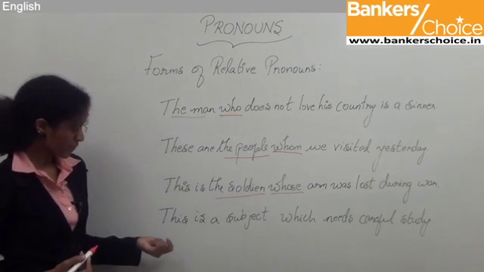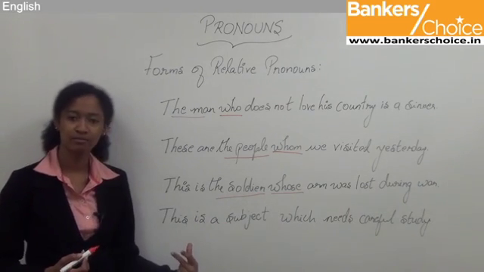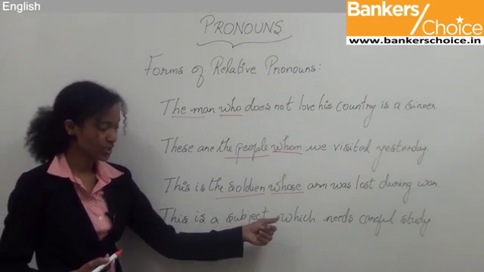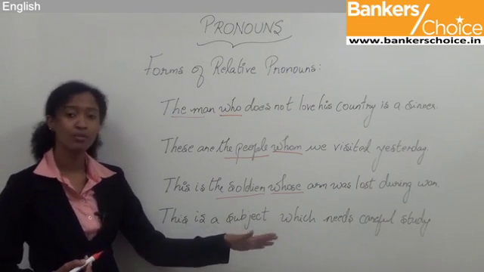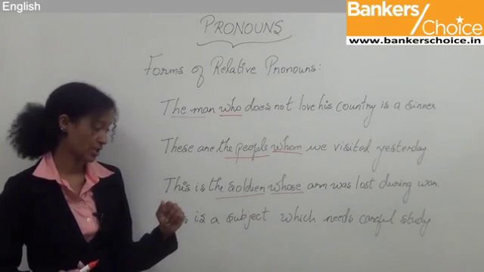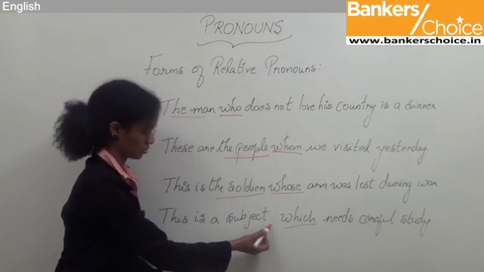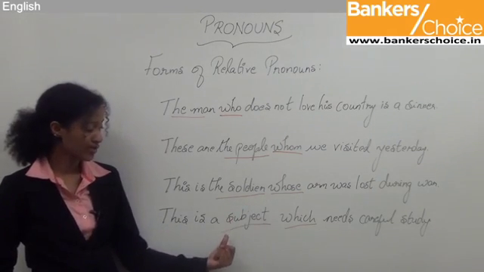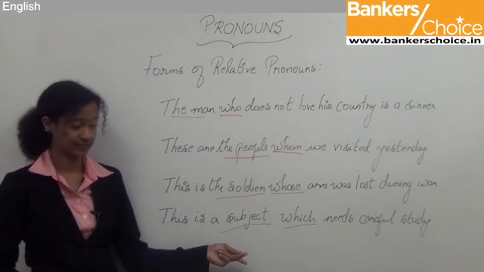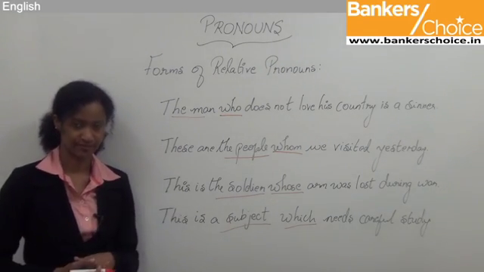Next: this is a subject which needs careful study. Here which is a pronoun used for non-living things, both in the subject as well as the object case. Here which is replacing the subject. Clear? Let's move on.